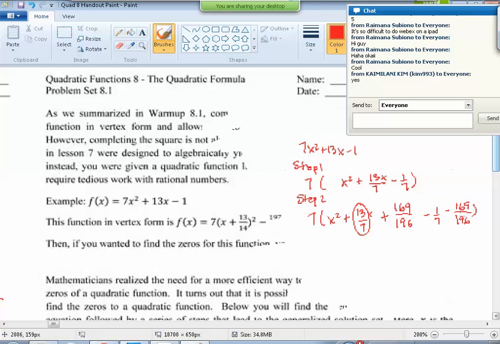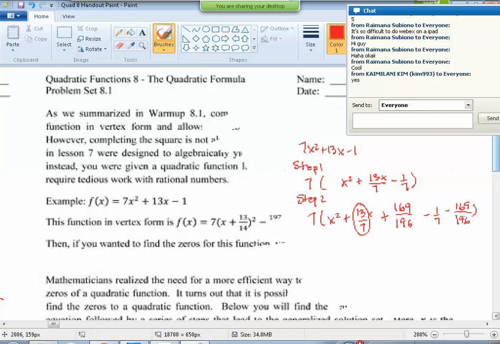Diamond's saying that you're lost. Why are you lost? Where did I get 13 squared over 14 squared? I'll show you. What is the process? I take the number in the middle, I divide by 2, and then I square it, right? Dividing by 2 is the same as multiplying by 1/2.